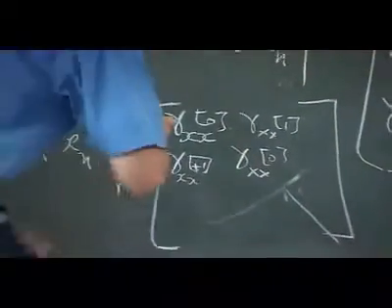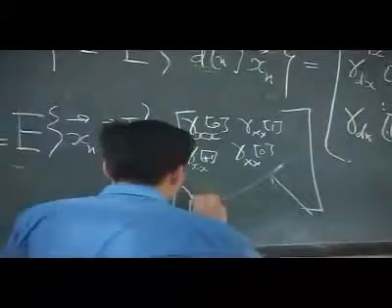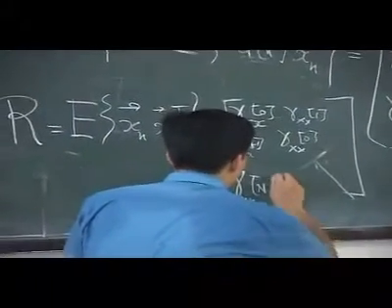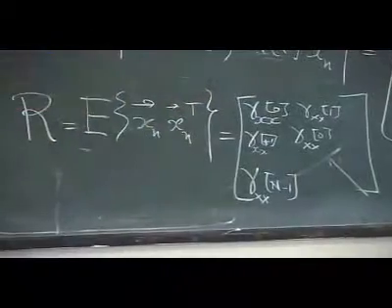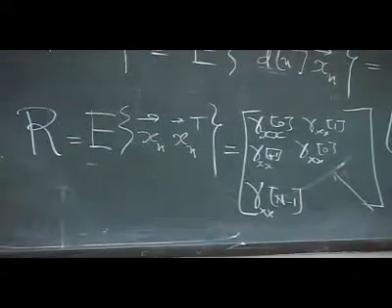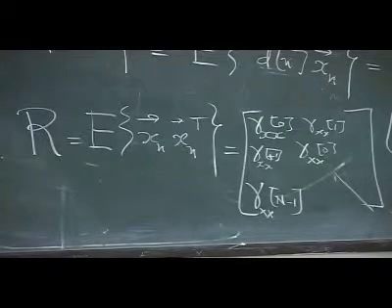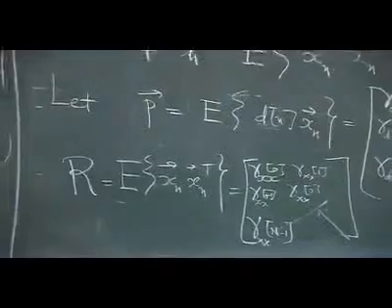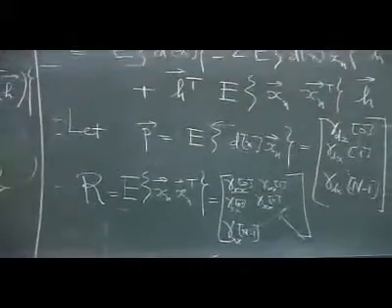And the last one is gamma of x at n minus 1, the autocorrelation function of x at n minus 1 previous samples. So I can construct the whole matrix. Are you with me?